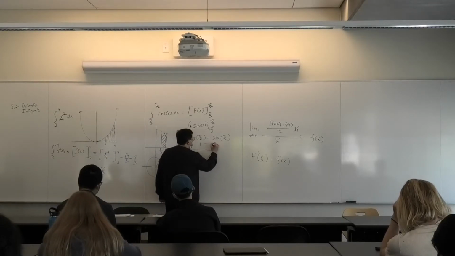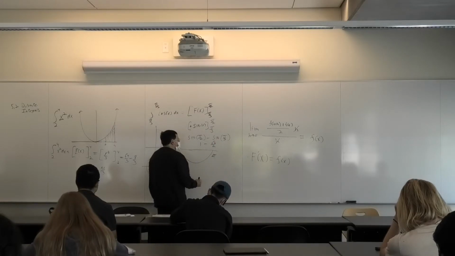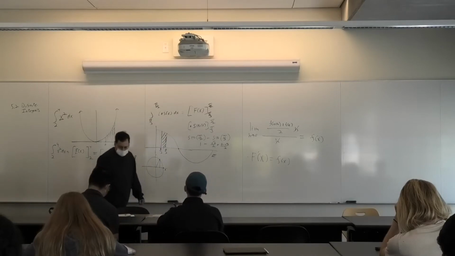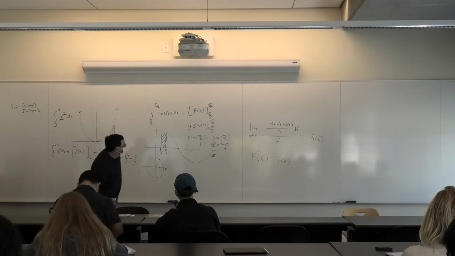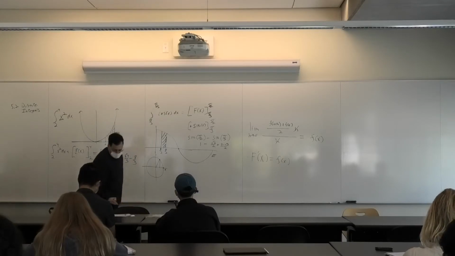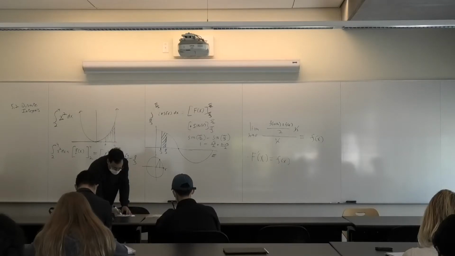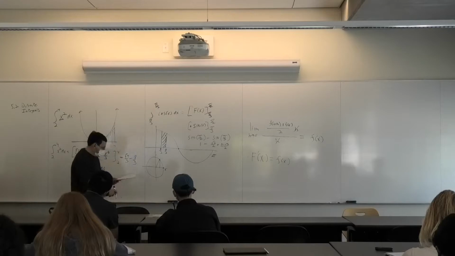So we get 1 minus square root of 3 over 2, if you like. My notes are all wrong. Oh well, at least we got it right. Okay.